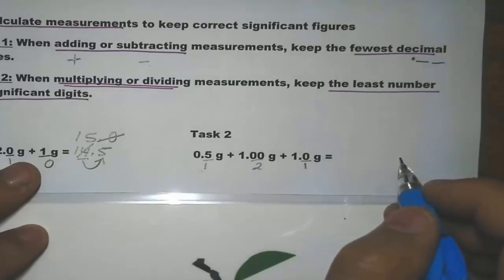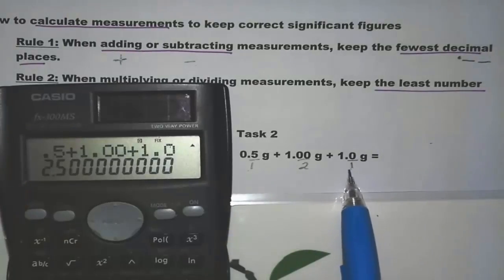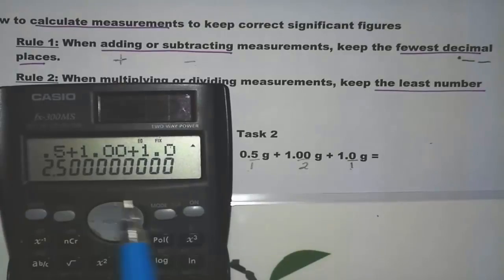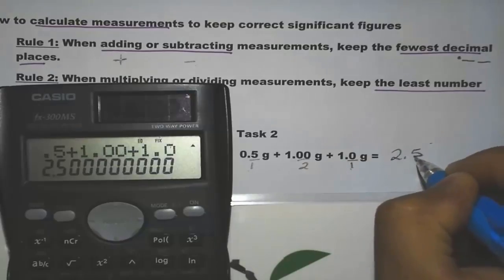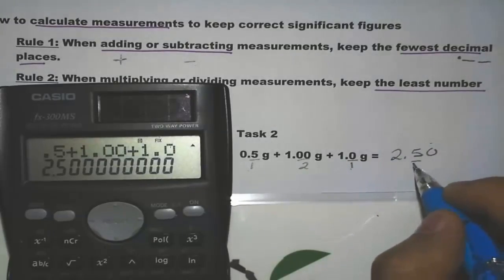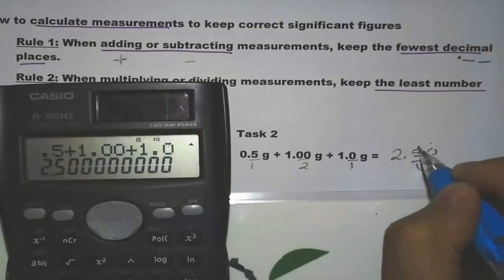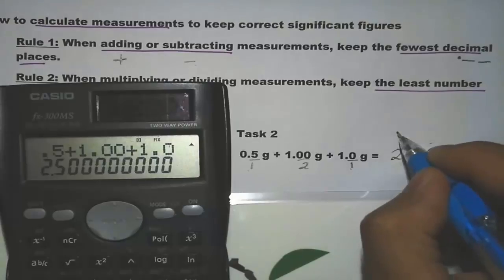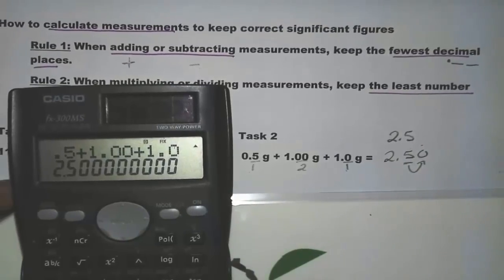So I plug this into the calculator, and because I want to keep 1 decimal place, I'm going to copy down at least 2 decimal places. 2.50. And here's my first decimal place. And of course, look at the next digit. This 0 will make the 5 stay the same, so we just have 2.5. And that's all we have to do.